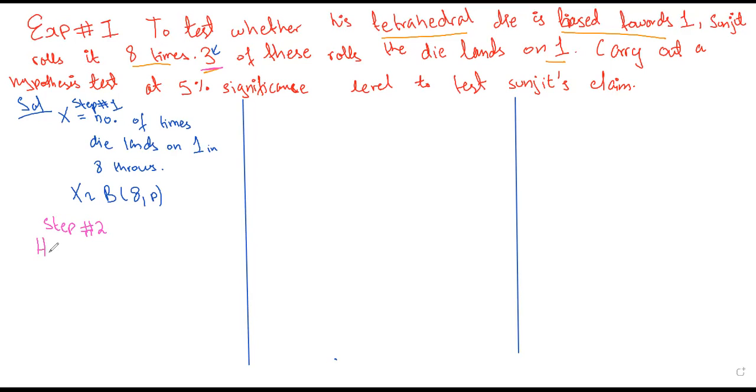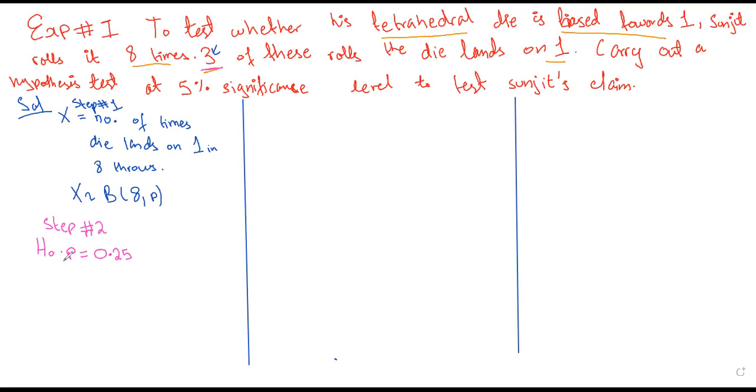It is the probability which we are expecting, which would be theoretical. In case of a tetrahedral die, it has 4 sides, so it is going to be 1/4. Excellent. Okay, 0.25. Very well done.